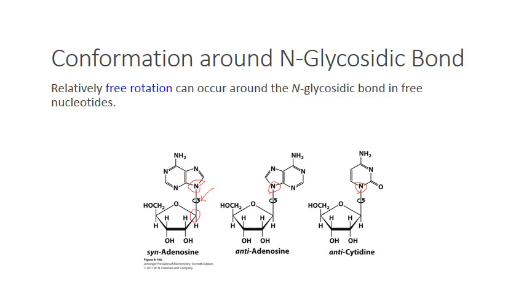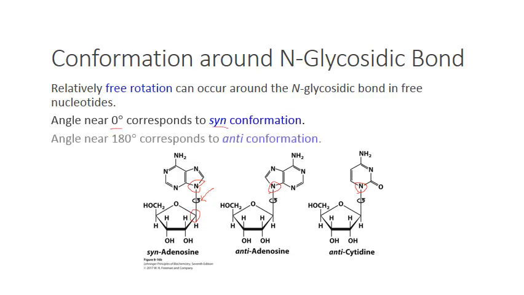Okay, so it can be on the same side as the sugar here or on the opposite, so in the syn side or in the anti side of the sugar. When the angle is at 0, that's the syn conformation, and when we're at 180, that's the anti. So this one would be the anti here, with the base on this side of the sugar, and the syn would be with the base on this side of the sugar here.